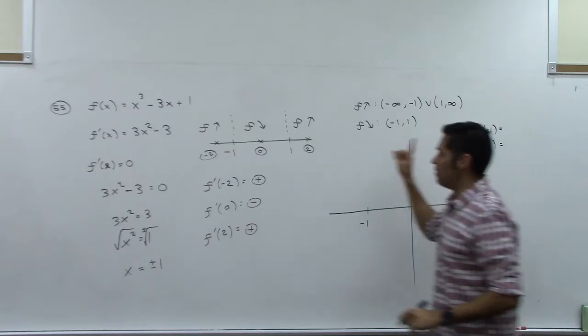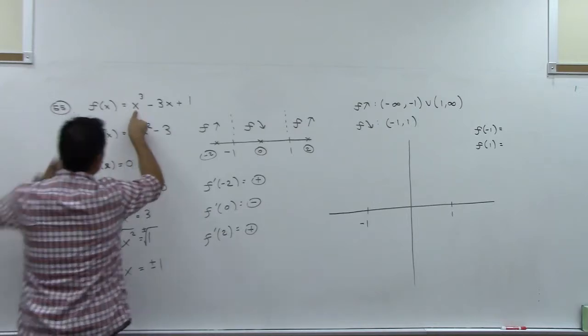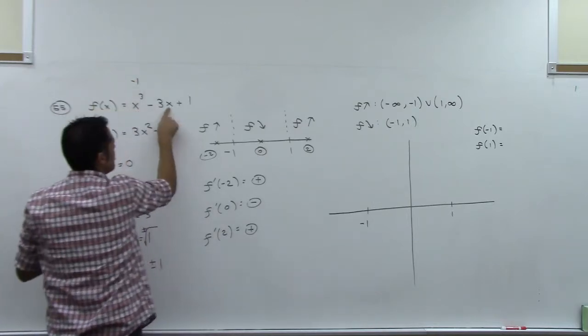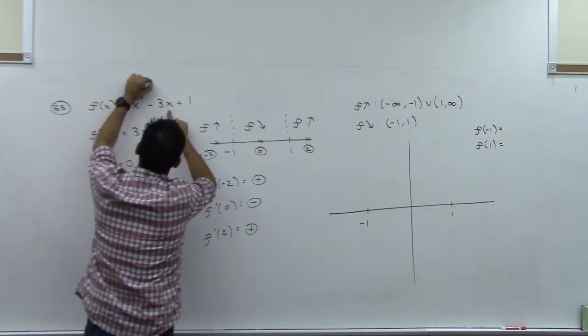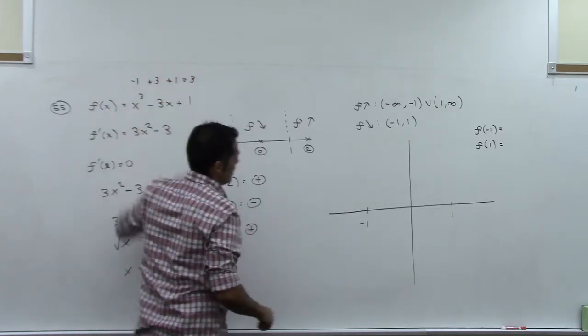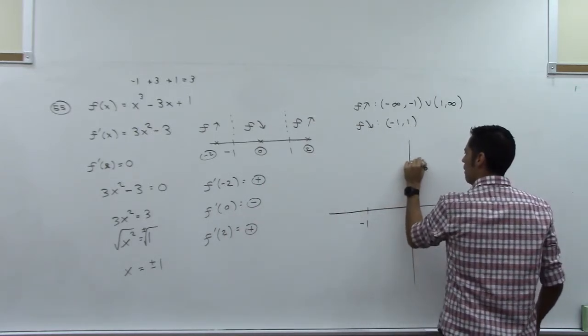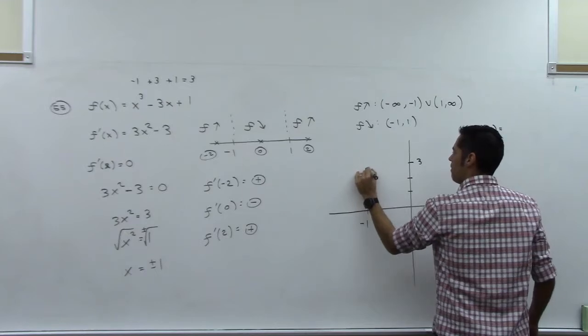So not into the derivative, but into the original function. If I plug in negative 1 here, I get negative 1, and negative 1 times the negative 3 becomes plus 3, and then plus 1, which gives me 3. So at negative 1, I'm up here at 1, 2, 3. That's a point on my graph.